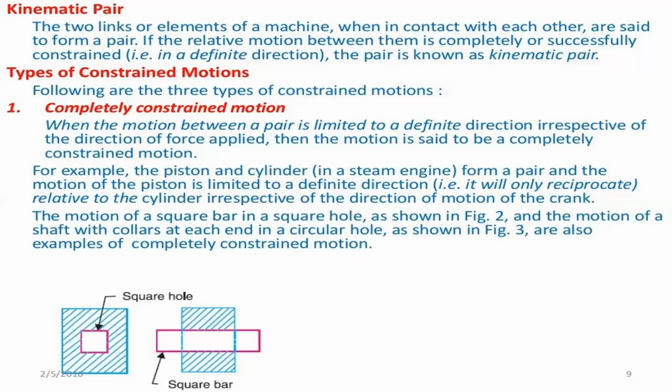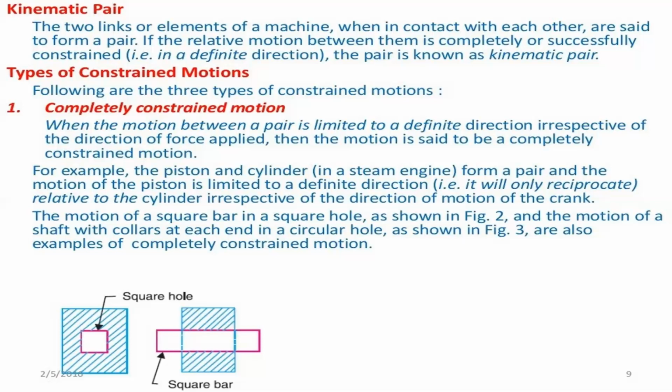Here we are seeing an example. A block is internally drilled with a square hole, and a square bar is fitted into the square hole. When we apply external forces to the square bar to move it in the vertical direction as well as in other directions, it will move only along the square hole direction.